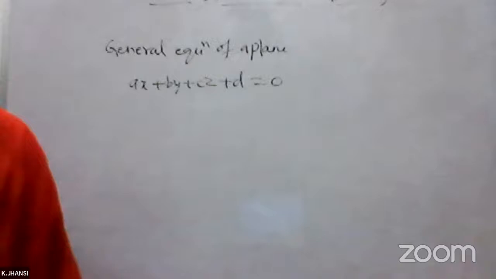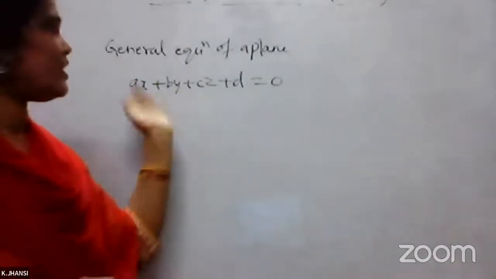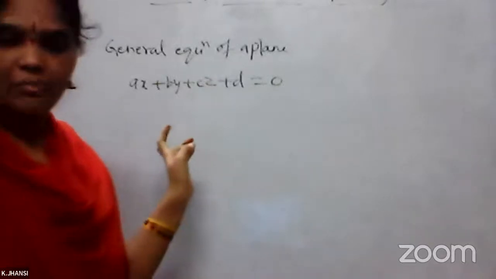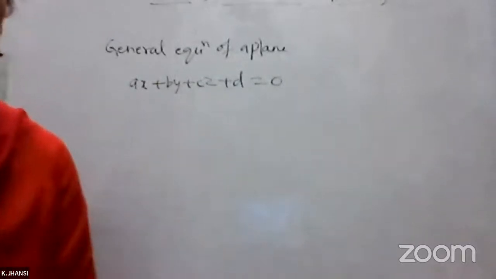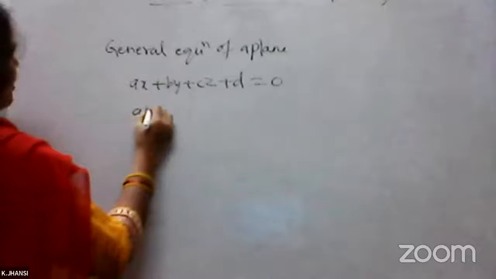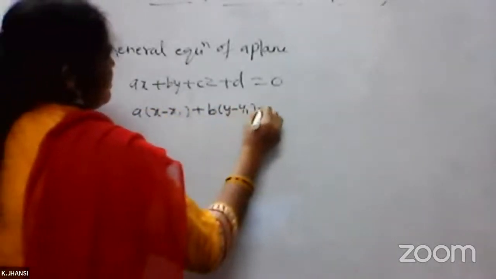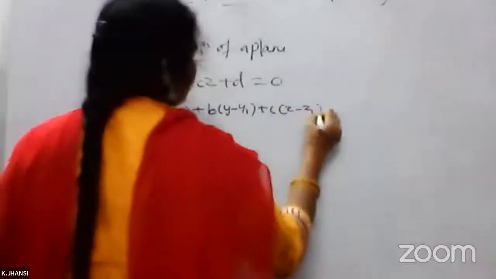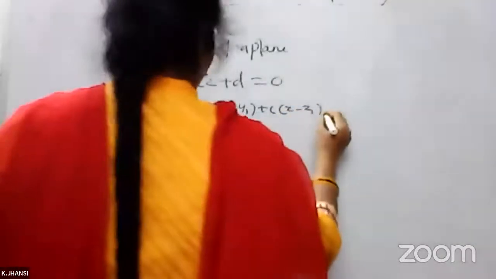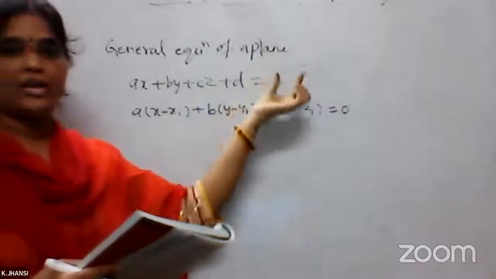In the plane equation, directly they will give the plane equation, and another one, any one point will be given. With the help of that point, you have to find the general equation of the plane. For that there is one formula: a into x minus x1 plus b into y minus y1 plus c into z minus z1 equals 0. This is the equation of any plane passing through one point.